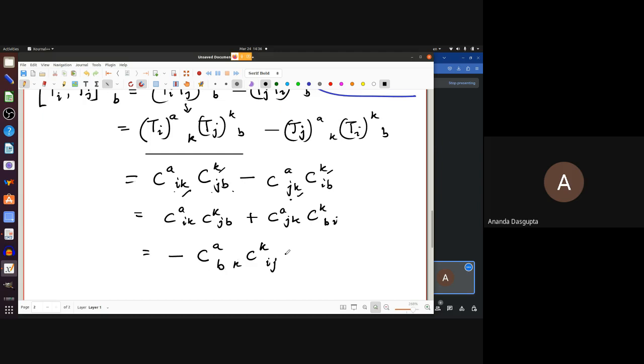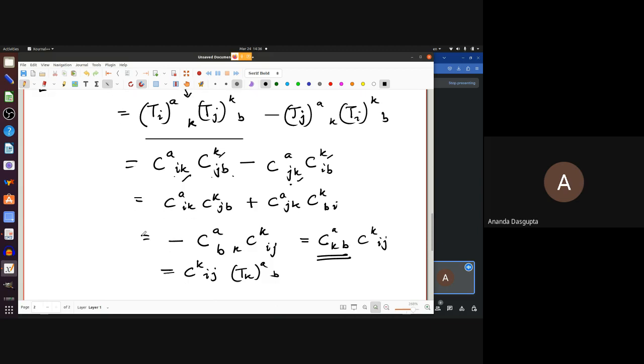And then use the fact that this is C. There's a minus sign, make it a plus. So what is this? This is Ckij times Tk's ABth element, right? This one is Tk's ABth element. This is just the structure constant.